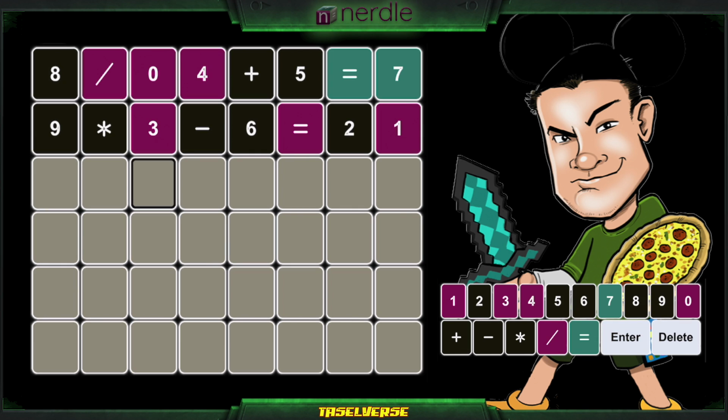So for instance, we know that this is going to be a divide. And, I guess we don't technically know. We know it's at least a 2-digit number to begin with. And it's either going to be something like that, or I suppose it could be like something like that, like a 3-digit number divided by something equals 7.